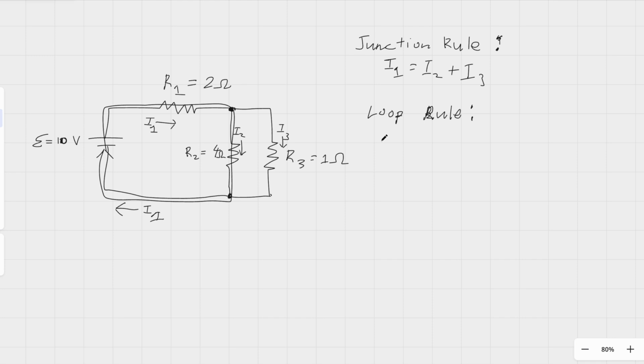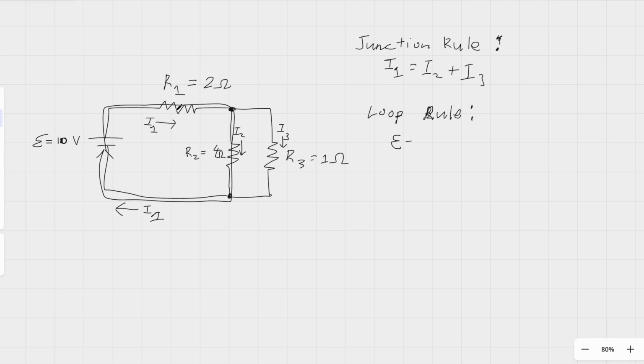So for that loop, we're going to be adding all the voltages together. The first voltage is the electromotive force, and then minus the voltage across this resistor, which, according to Ohm's law, is current times resistance.